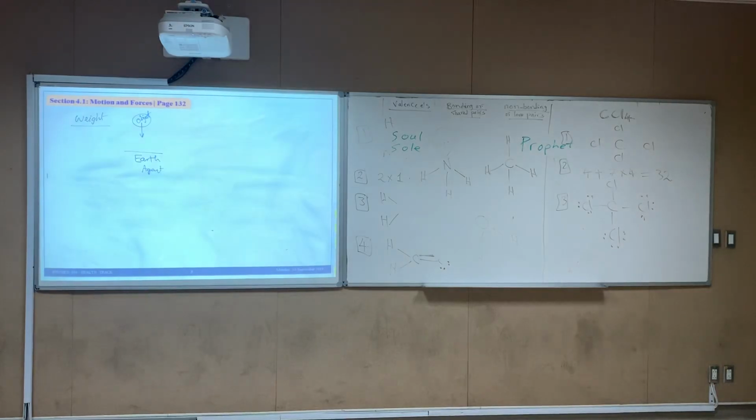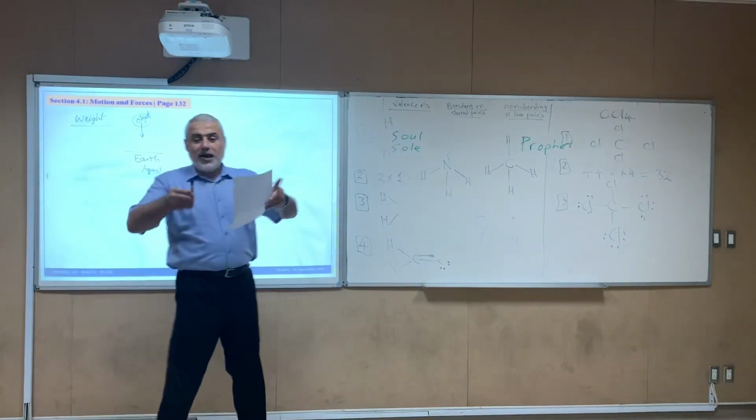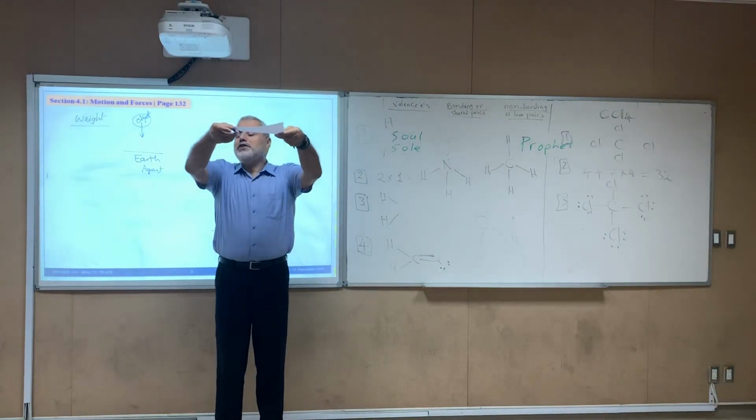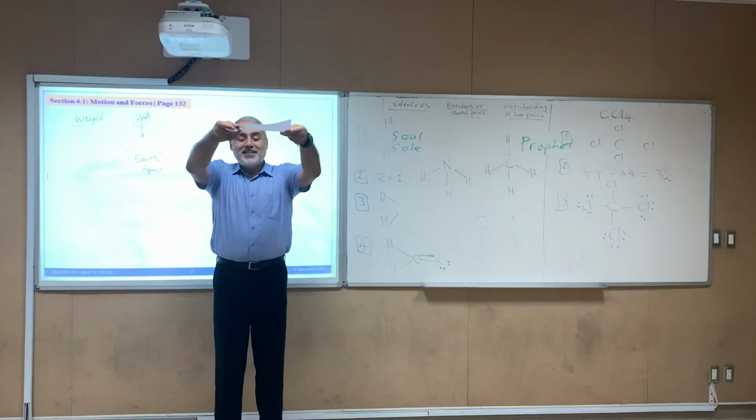Also, you can do this with any piece of paper. Can you give me a piece of paper? If I release this piece of paper and the marker, which one will reach the floor first? The marker.